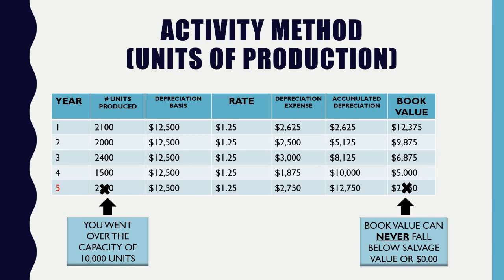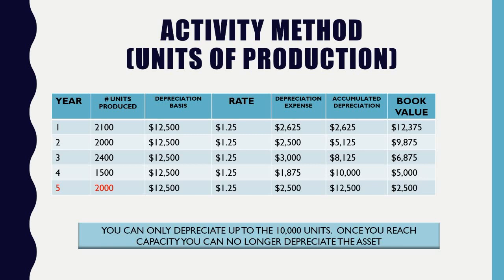Now, of course, you can obviously inspect your items, and if it does end up being this way, that all of those extra 100 items are still okay, none of them were defected, you could still keep those items. However, when you're writing it off as depreciation, you're going to have to write it off as the capacity amount, and your book value must always be equal to your salvage value.